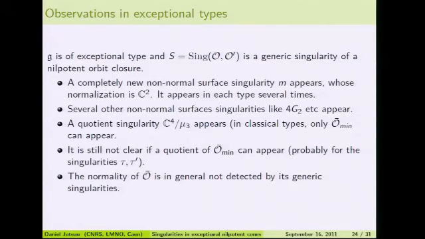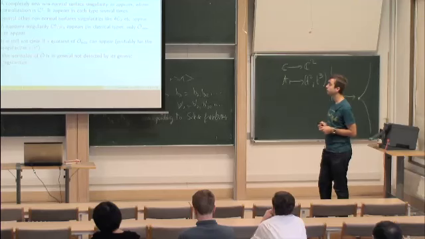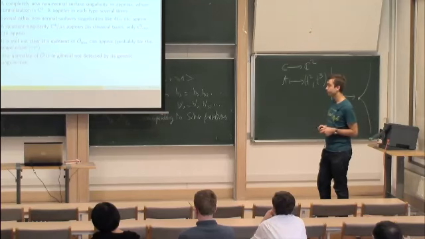Then we have this G2 as well, so several branches. This C4 modulo μ3. So in classical types, it was only minimal orbit closures that could appear. So maybe the ones that remain are quotients of those minimal singularities.